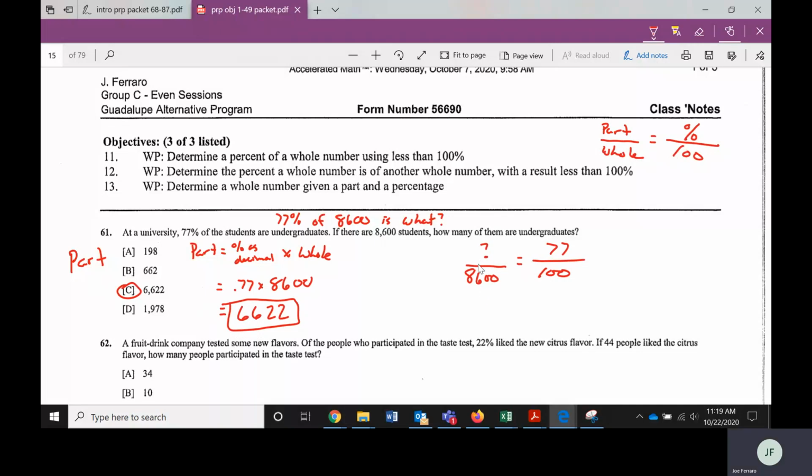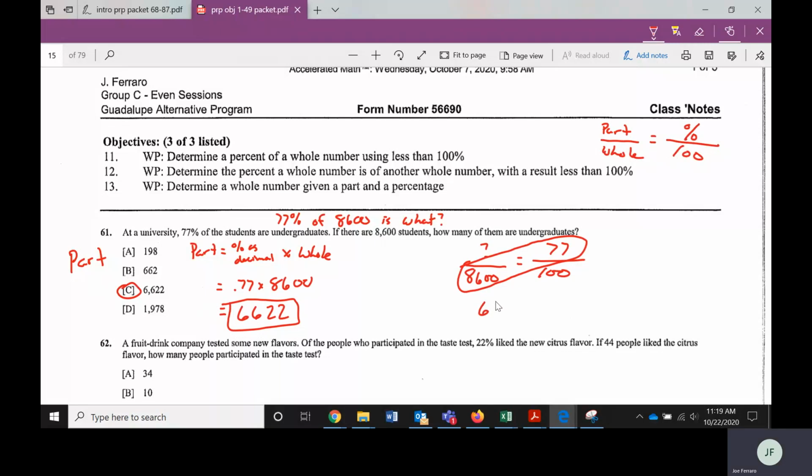Okay, so remember, to solve this, you take the diagonal with two numbers and you multiply those. So we would take 8,600 times 77, and then you divide by the other number.